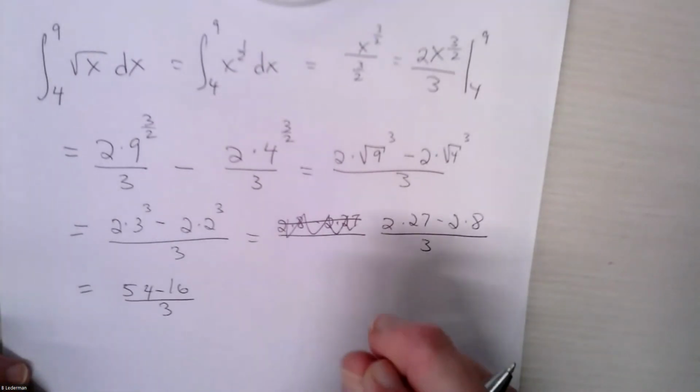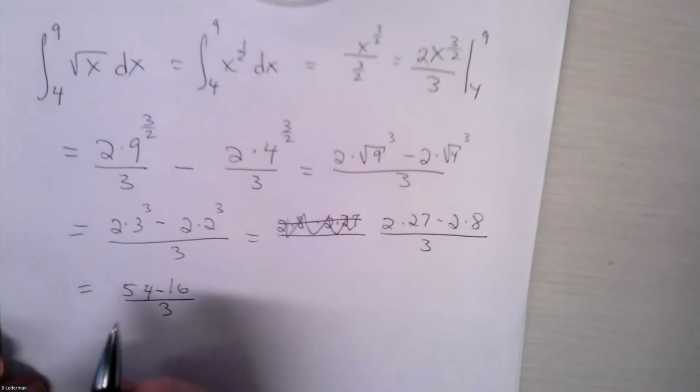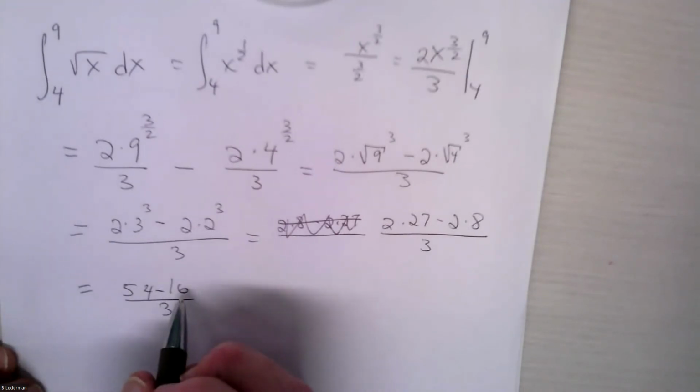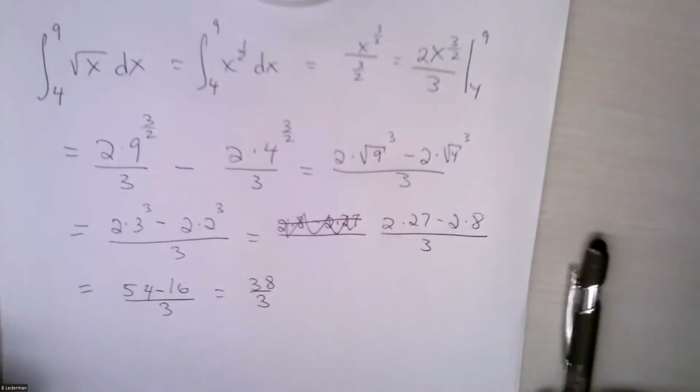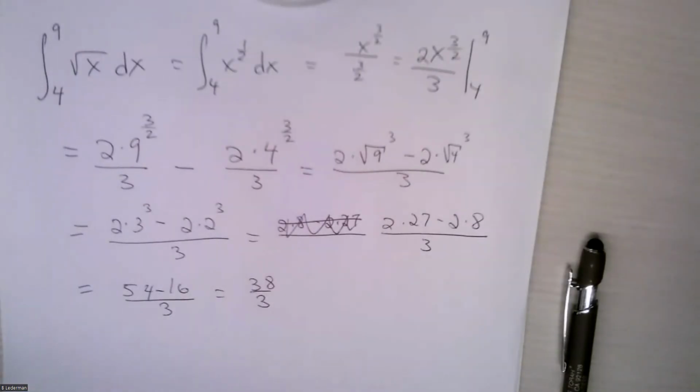Is that right? 54 minus 34 plus 4, 38. And 38 over 3 is, drum roll, about 12.6. I think 12.67.